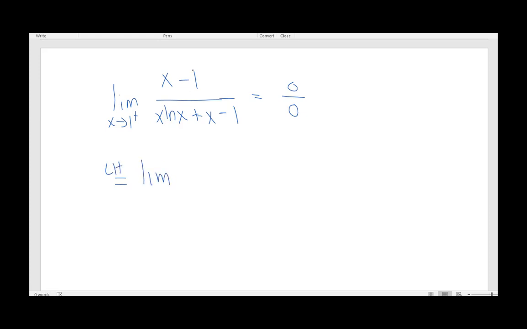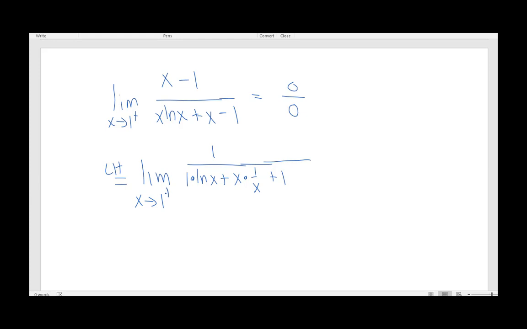So the derivative in the numerator, the derivative of x is just 1. And then the derivative in the denominator, I've got to do a product rule again. So I have, let's say, derivative of the first times the second plus first times derivative of the second. The derivative of the x here is just 1. And then the derivative of the constant is 0.